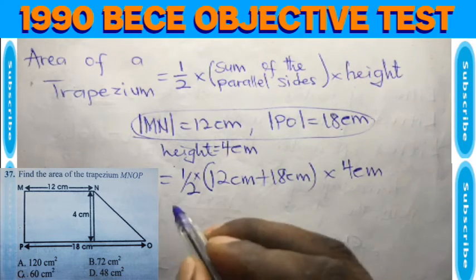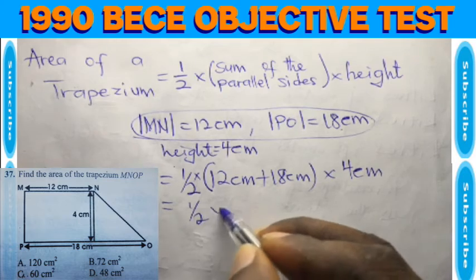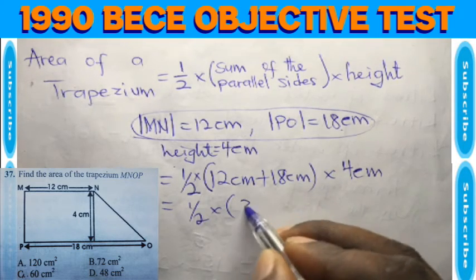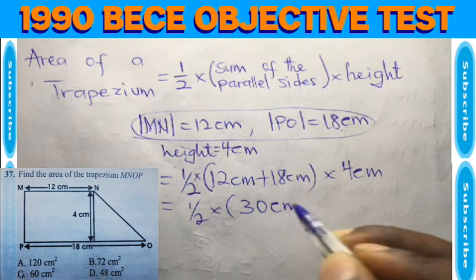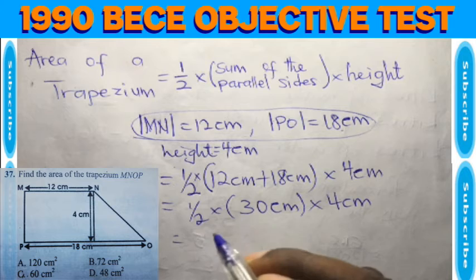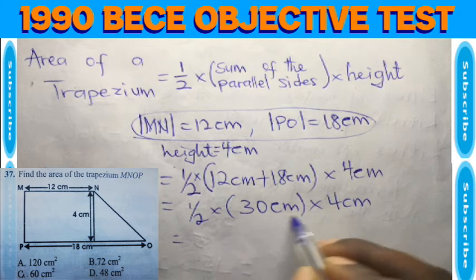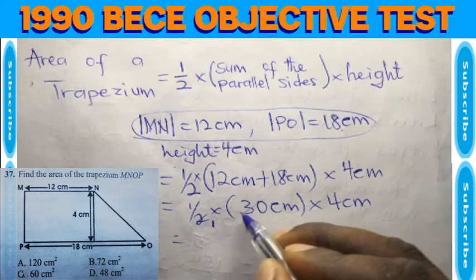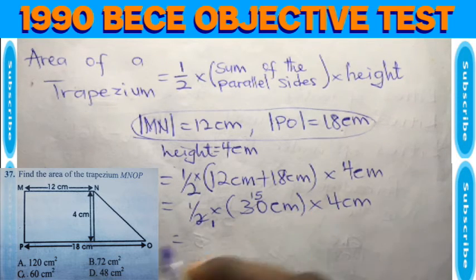So half of 12 centimeters plus 18 centimeters gives us 30 centimeters multiplied by 4 centimeters. And then half of 30 centimeters will give us 15, since 2 divides 30, 15 times.